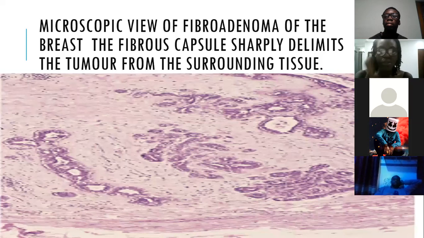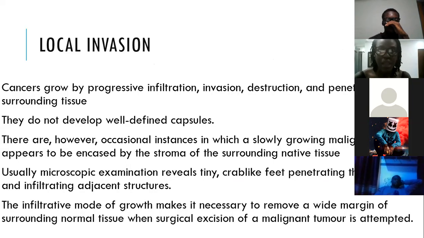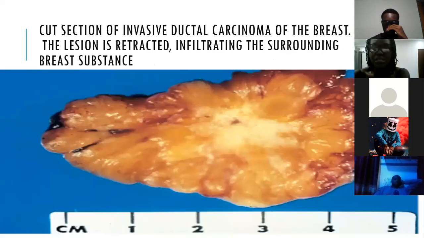So when you look at this microscopically, you see that there's something in the middle, and then at the edge of it, you see some sort of compressed cells, forming a rim around it. However, if you look at cancer, this is a breast cancer, so it's not the same patient.